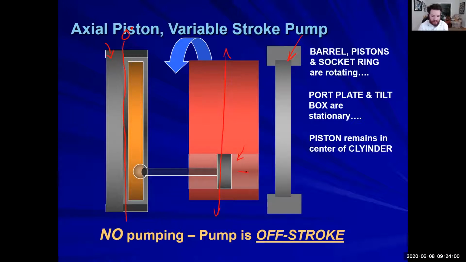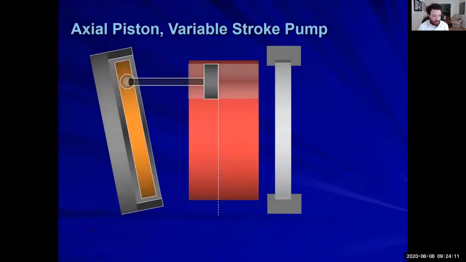There's no movement laterally, so there's nothing that's going to be pumped. Okay? So as soon as you tilt this tilt plate or tilt blocks, you now are going to have movement laterally of that piston in that cylinder.